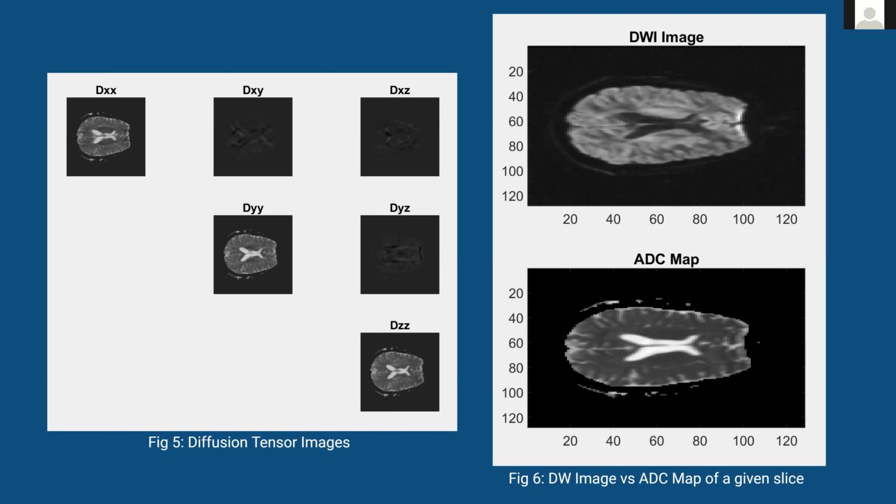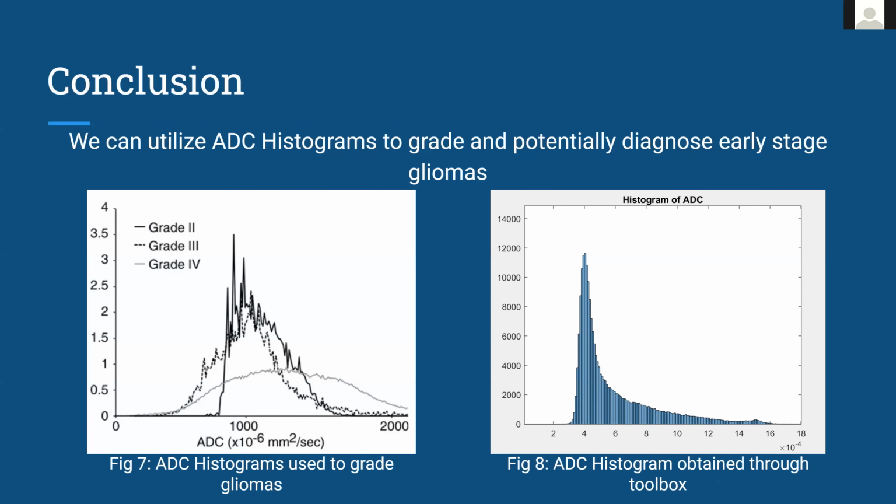In conclusion, we can see how ADC maps are helpful in grading gliomas. So far we've used them to grade gliomas, and hopefully, we can start using them to diagnose early stage gliomas as well.